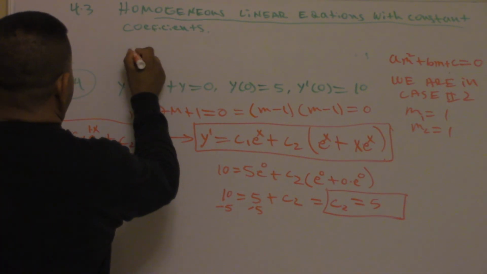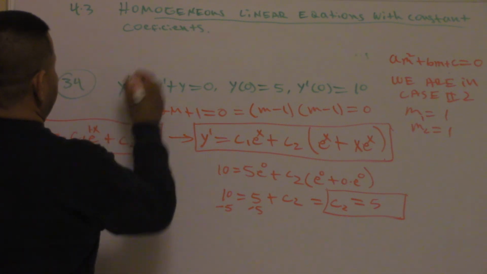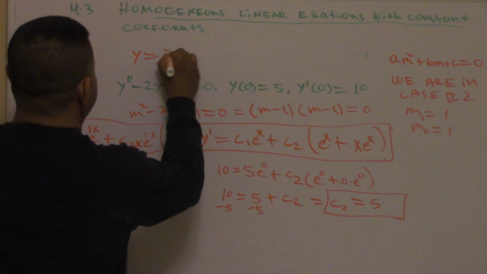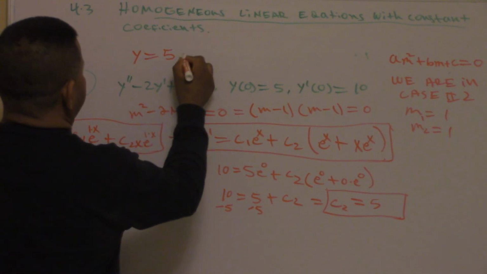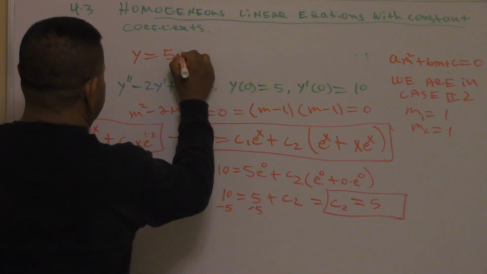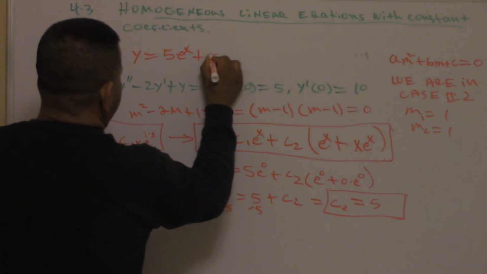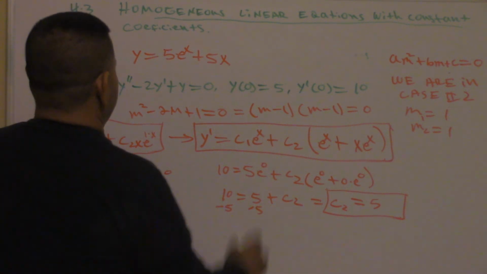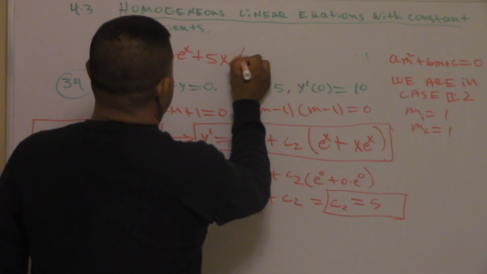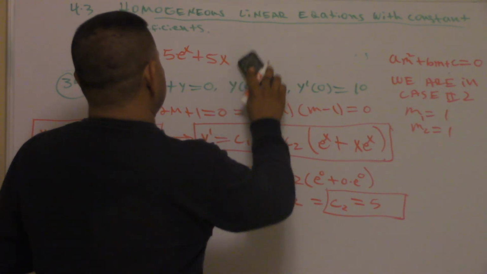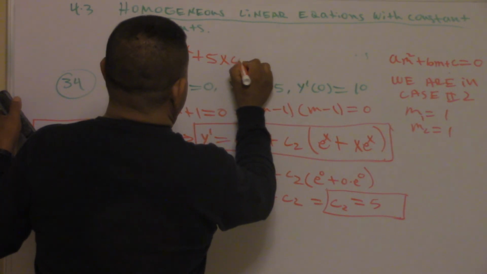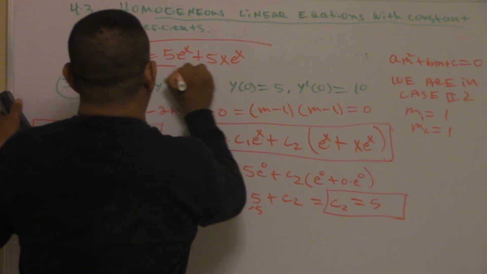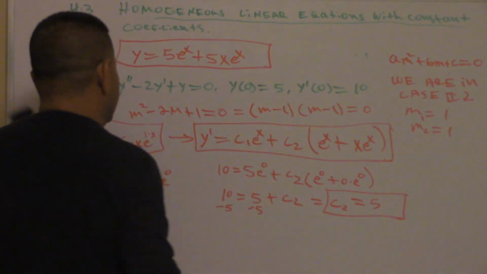And the final solution is going to be y equal 5, because C1 is 5, times e to the x plus 5 times x e to the x. That is the answer.